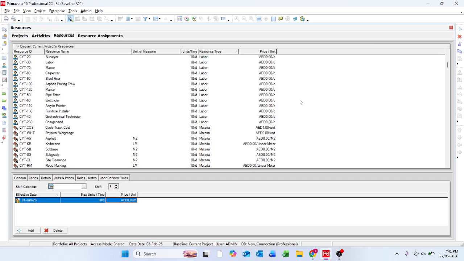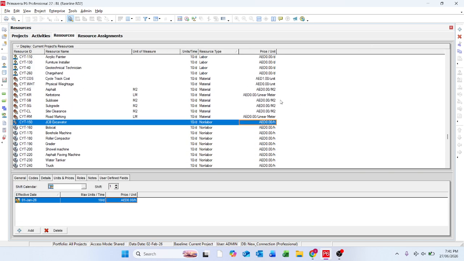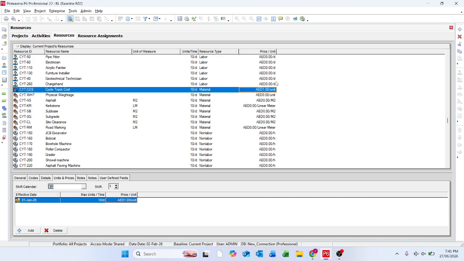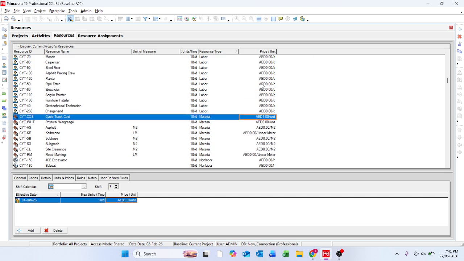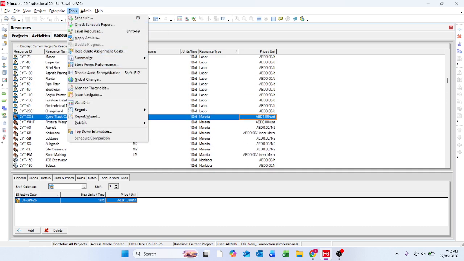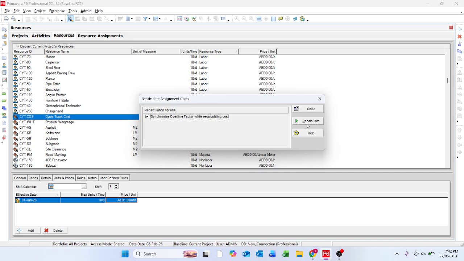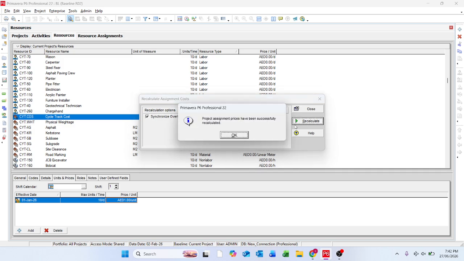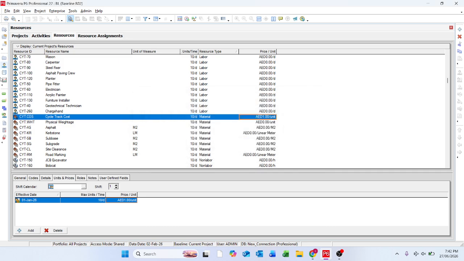If you didn't check this, if your resource, labor or your equipment has price per unit 1, you have to remove it and keep it as 0. Only keep the cost as 1 per unit, and then recalculate. When you change it, you just go to the tools and recalculate assignment costs. This is what I'm trying to say, and your program is fixed.